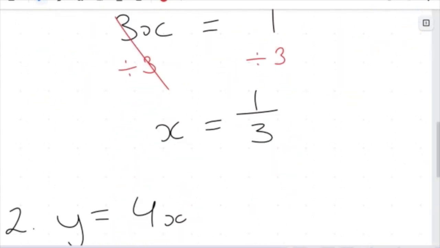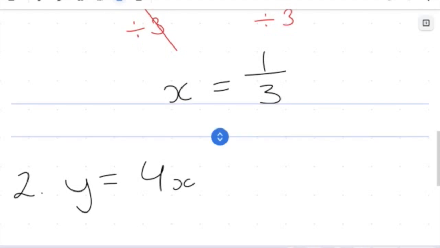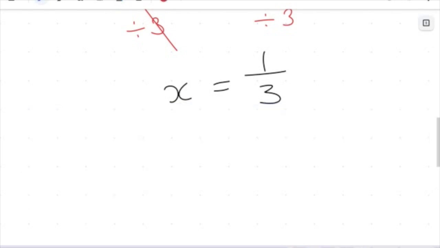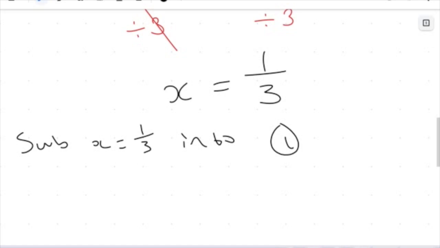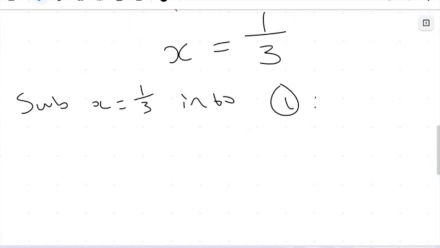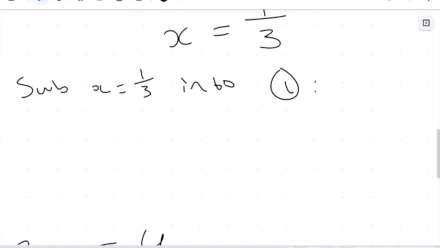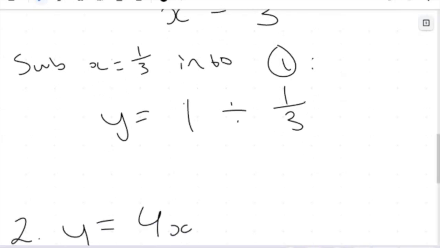Let's actually just check that because some people may be skeptical, but let's substitute x equals 1 over 3 into equation 1, and that's going to give us that y equals 1 over a third, or in other words 1 divided by a third, because that's what a fraction tells us.